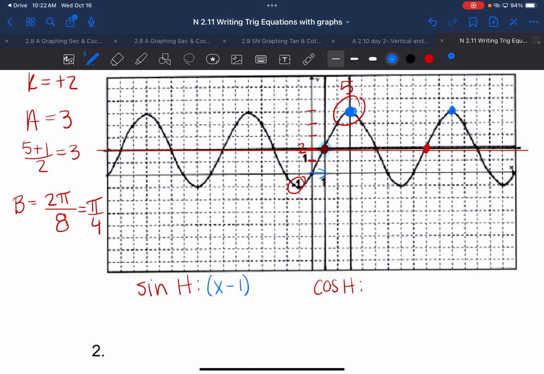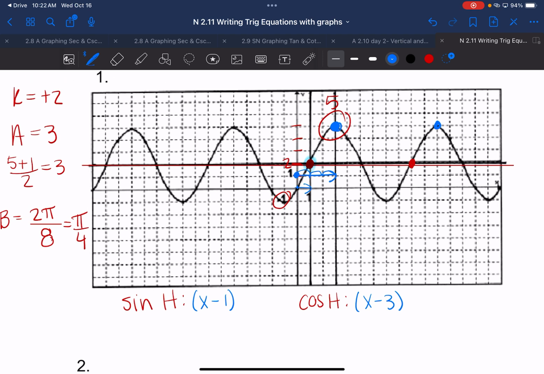How many lines did it scoot over? 3. Right, 1, 2, 3 lines over. And it also went to the right, so I'm going to put a minus in this one as well.